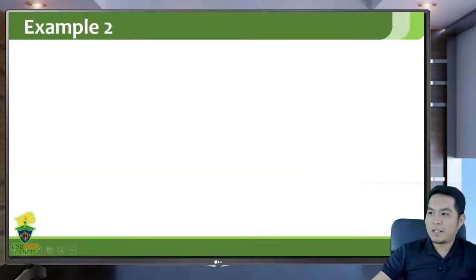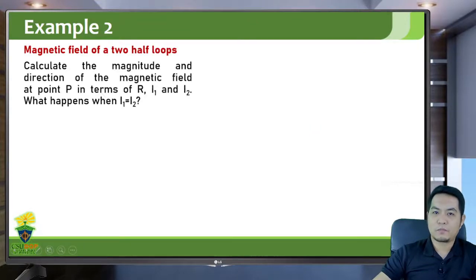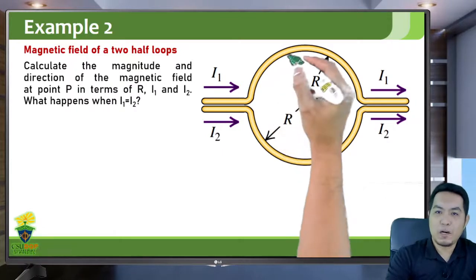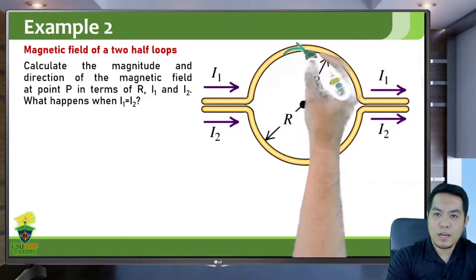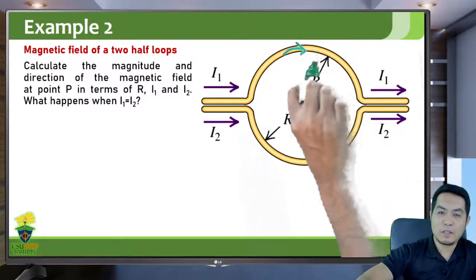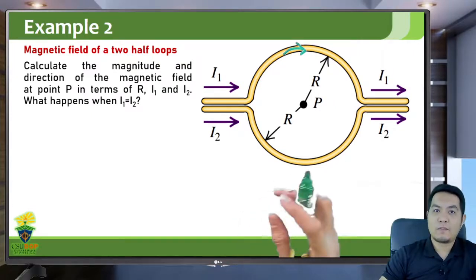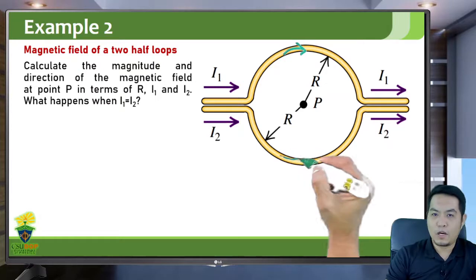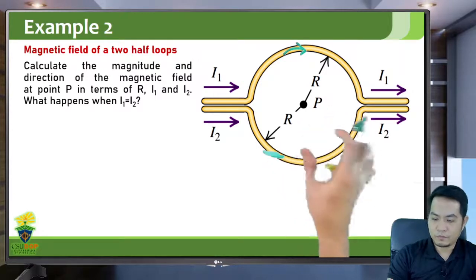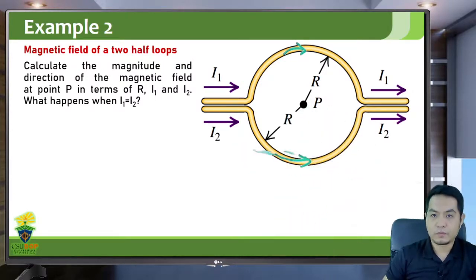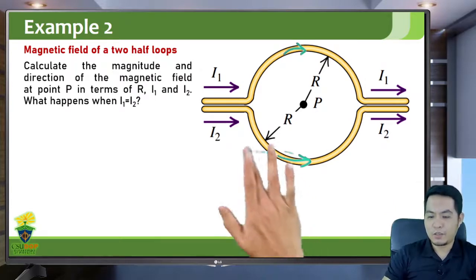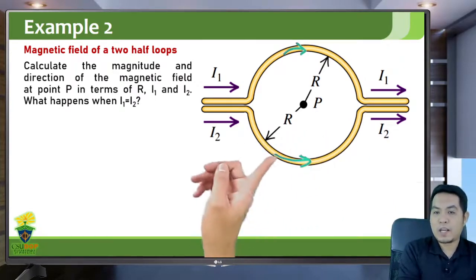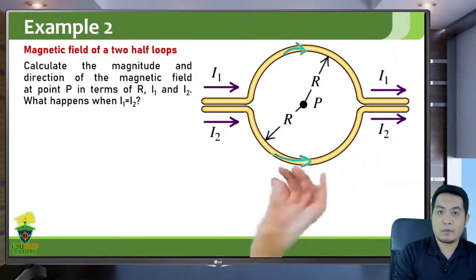So going back to the second example. The current in the upper loop will have a magnetic field directed into the page. The current in the lower loop will have a direction of out of the page, since the direction of the current in this loop is counterclockwise.